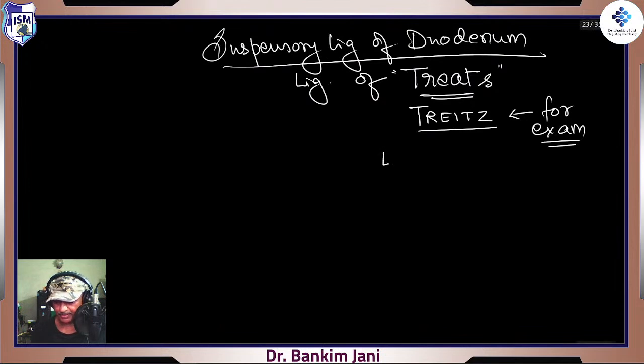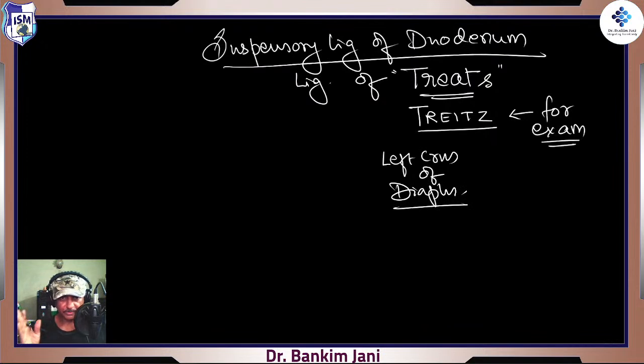So on one side, it is the left crus of diaphragm. That's where it is attached. Left crus of diaphragm. And from here, it is connected to this junction of D3, D4. So that's like this end is just hanging.